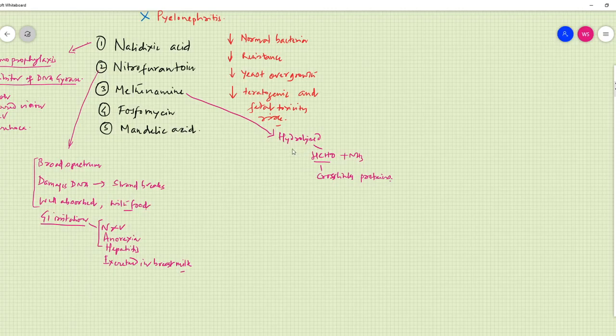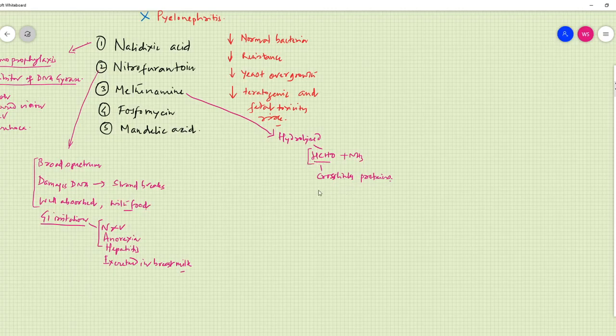So the active agent is formaldehyde, which increases in the urine. So the patient should be asked to refrain from voiding, so that there will be a concentration of formaldehyde.